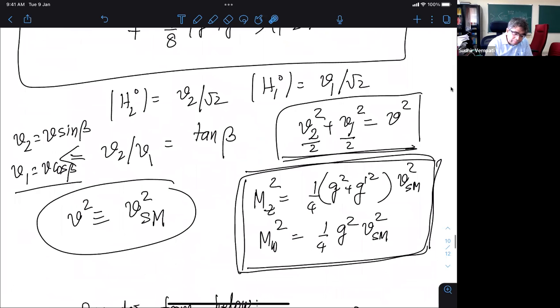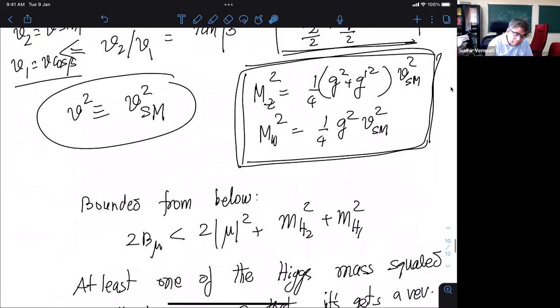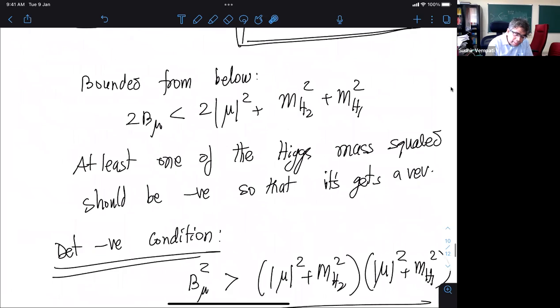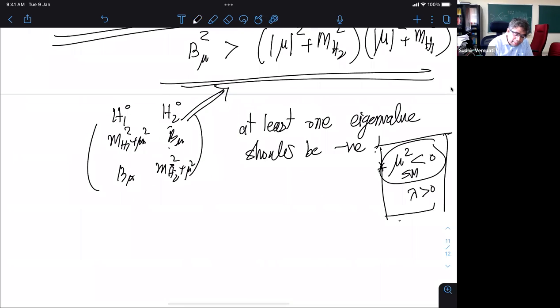In the standard model you have the conditions mu square negative and lambda greater than 0. Here lambda greater than 0 is always satisfied, because the quartic coupling is essentially the gauge coupling. With these two conditions, I can derive two important relations.